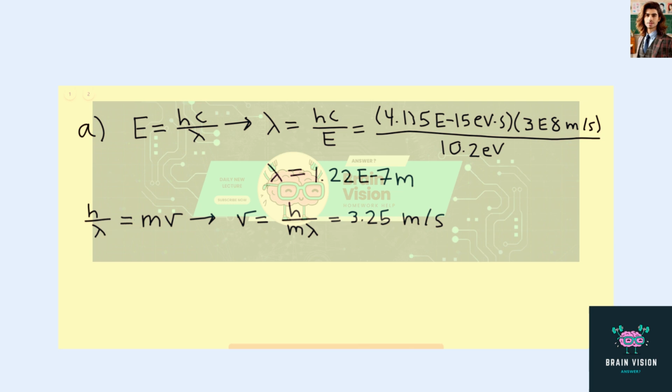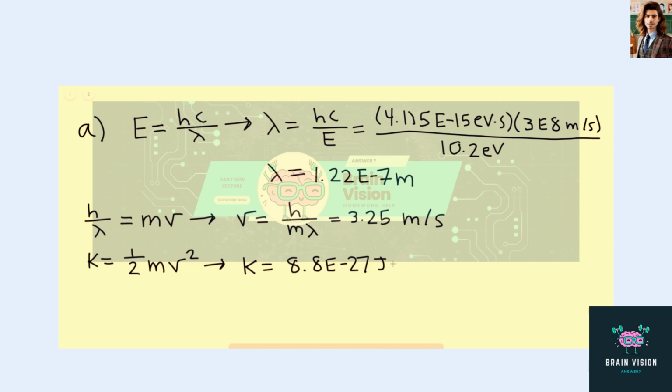So now that we know v, we can find the kinetic energy of our hydrogen atom, 1/2 mv squared. Plugging in m and v, we will get a result of K equals about 8.8 times 10 to the negative 27 joules.